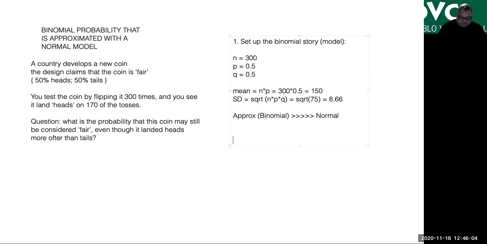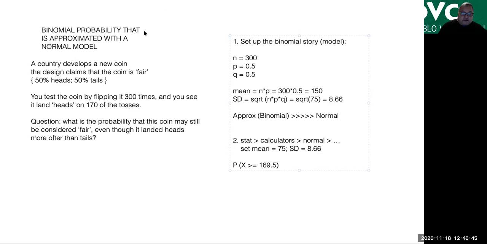So what I'm going to do is open StatCrunch, open the calculators, go to the normal calculator. The dialog window will open, and I'm going to set the mean equal to 150, set the standard deviation equal to 8.66, and then set the probability statement to x being greater than or equal to 169.5 to make the half a unit adjustment from 170.